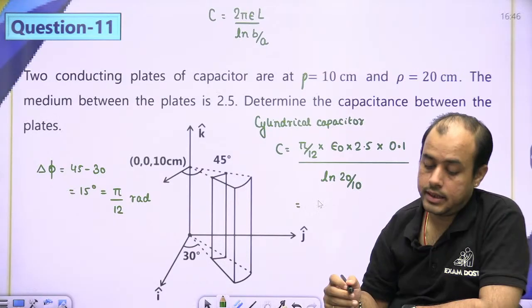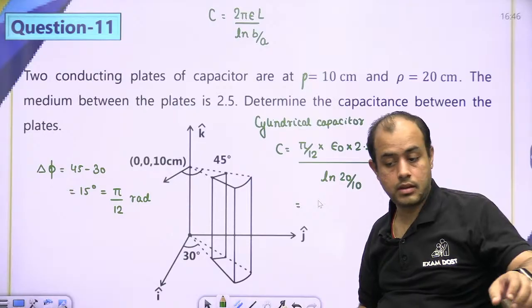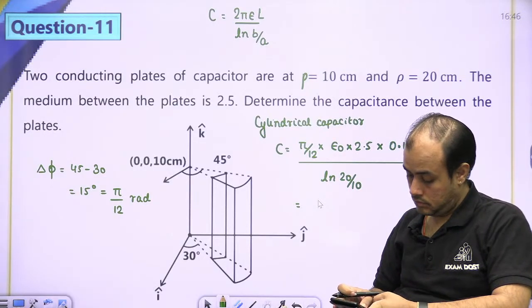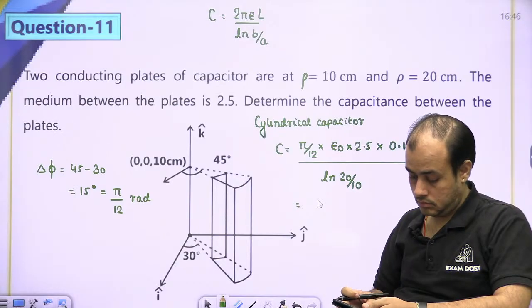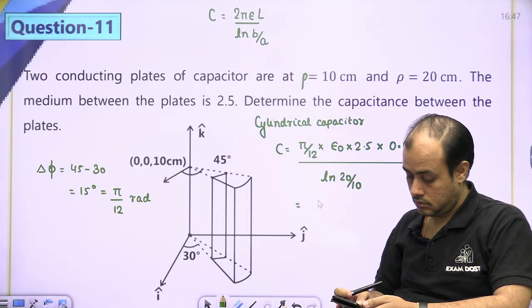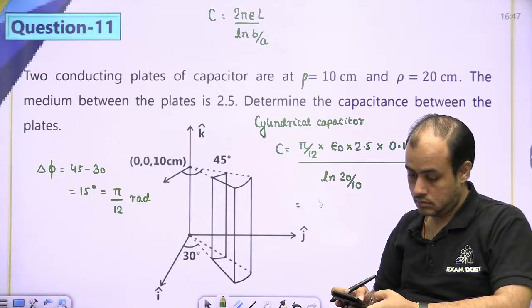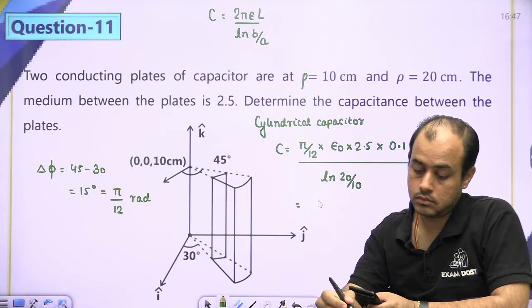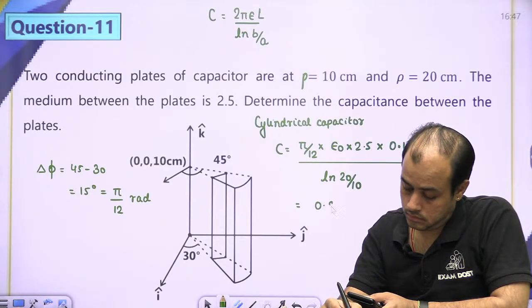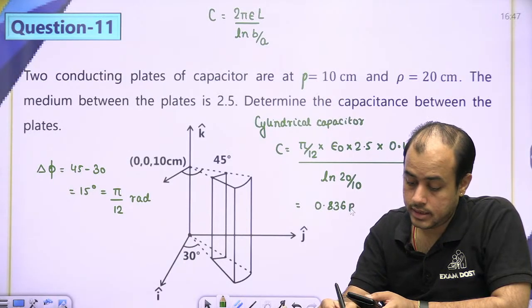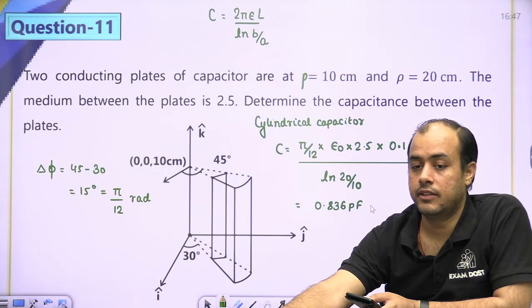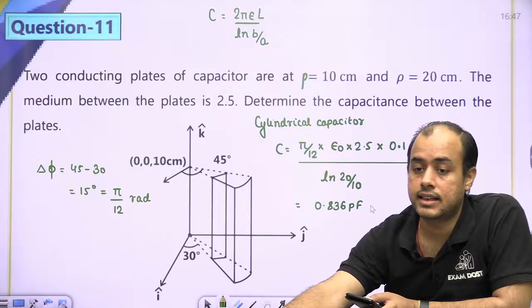Ln 20 by 10. .836 picofarad. Okay. So that will be the value. Simple. Recognize the capacitance.